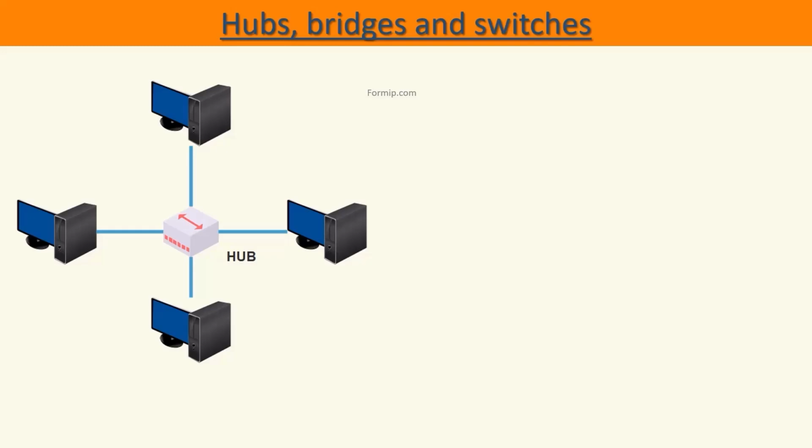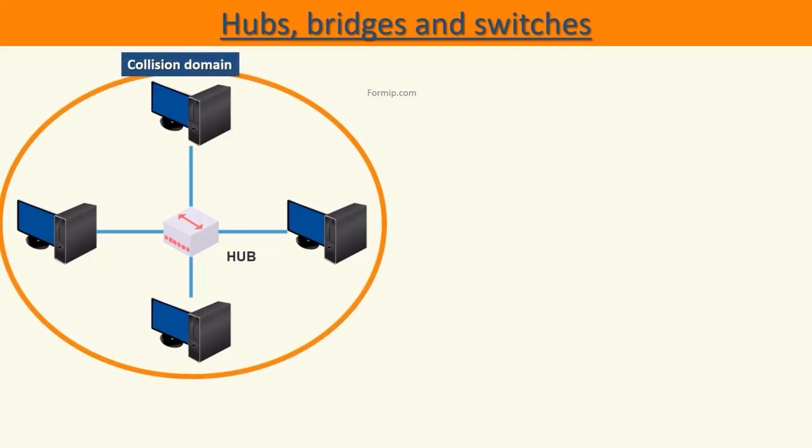If one of our computers sends data, the hub will simply repeat the electrical signal at all other ports, which means that everyone will receive that data, whether they need it or not. The network operates in half-duplex, which means that we can have collisions. Because collisions can spread to any PC on the same hub, we call this a single collision domain.